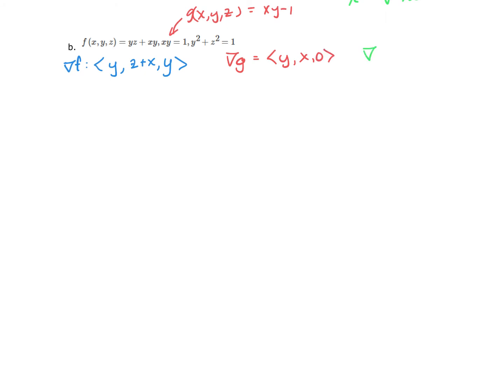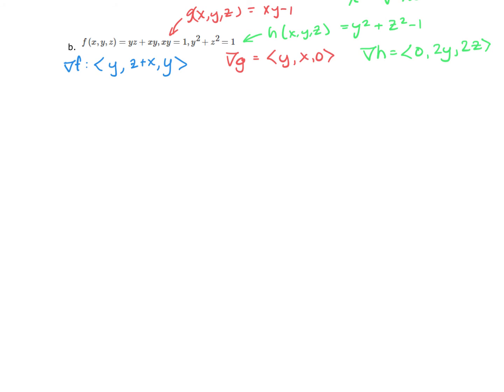Then the last one, the gradient of h. I'm going to write this as h of x, y, and z equals y squared plus z squared minus 1. I have no x, so that's going to go to 0, and then it's going to be 2y and then 2z.